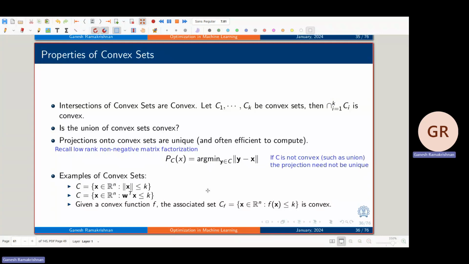Yes? Diamond structure? Simplex? Will it be a simplex? Okay, so the 1 norm ball. This is also a norm ball. How do you think the infinity norm ball will look?